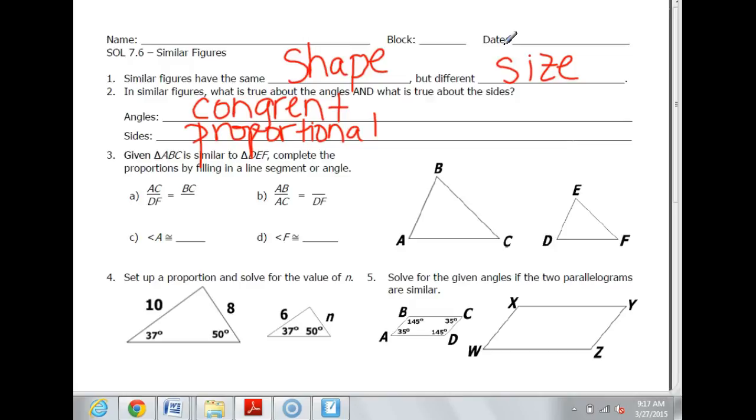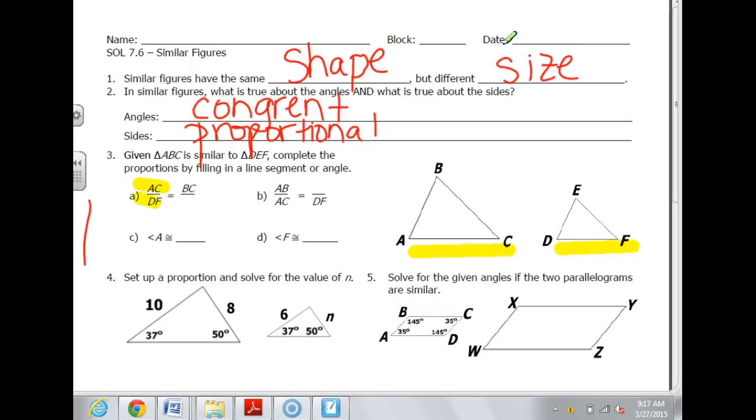So for number 3, given triangle ABC is similar to triangle DEF, complete the proportions by filling in a line segment or an angle. I would prefer that you use 2 different colors, and I don't think I have 2 different colors on my toolbar, but this says line segment AC over DF.